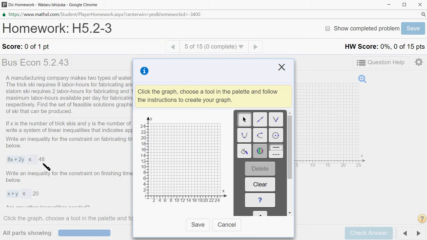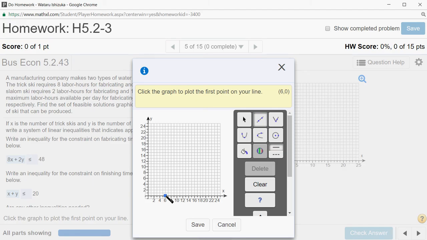So let's find the x-intercept. Let y equal 0, so 2y is going to be 0, and we have 8x equal to 48. 48 divided by 8 is 6. So the x-intercept is 6. Using the line tool, put a dot at 6 on the x-axis.